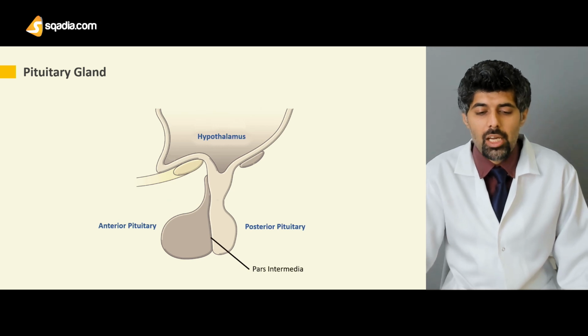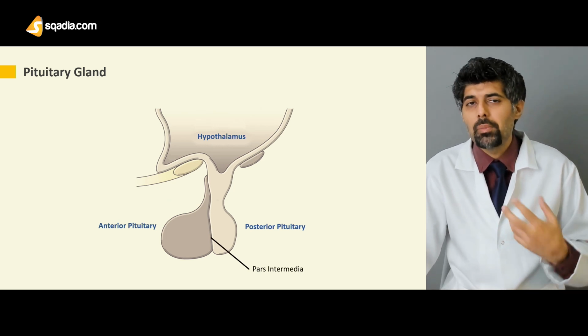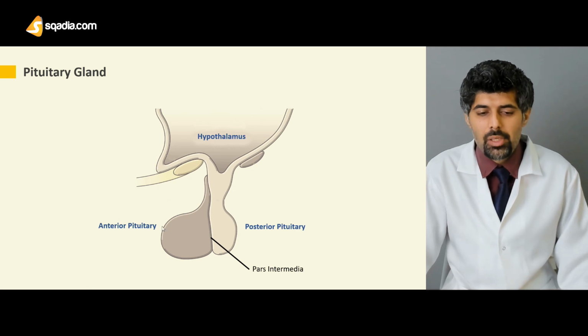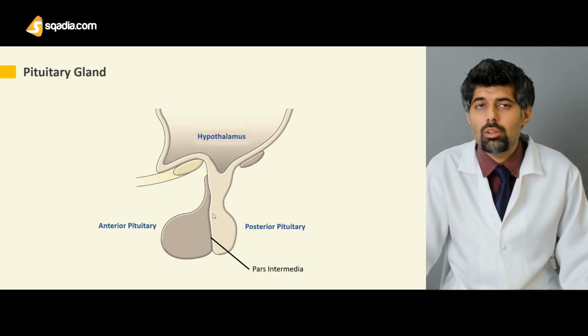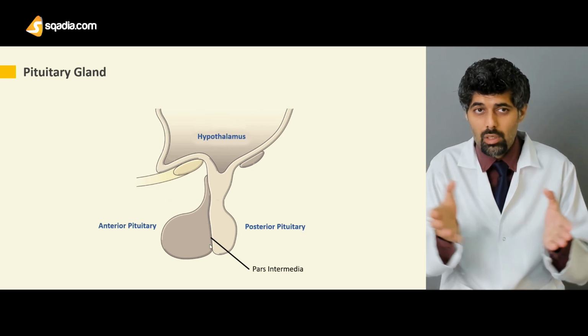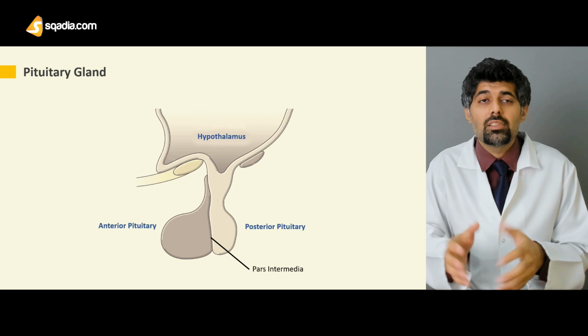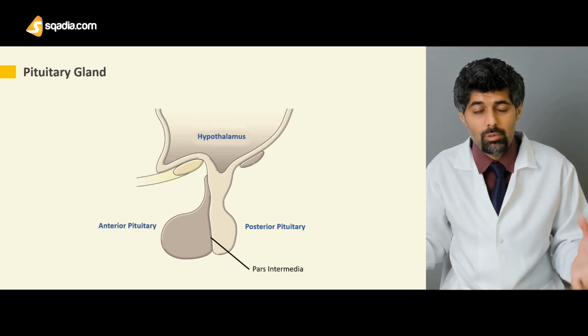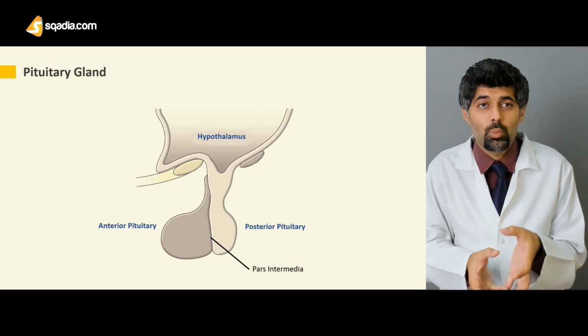Next, we have an area known as the pars intermedia. Now, pars intermedia is the area between both lobes. This area is sometimes termed a lobe in itself, known as the intermediate lobe.